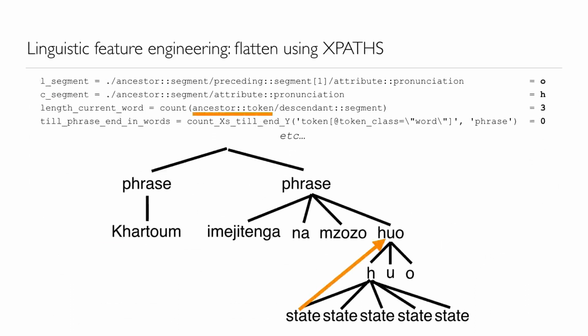The first part of that XPath essentially jumps up to the ancestor of the current phone, which is a token, and then the second part jumps down to all segments beneath that token, and then you've got the count expression that just counts them. So the length of the current word in segments is 3. But Shrikant will say more about flattening these structures.